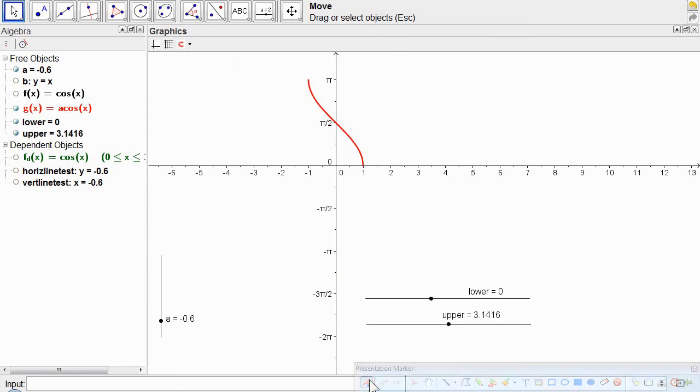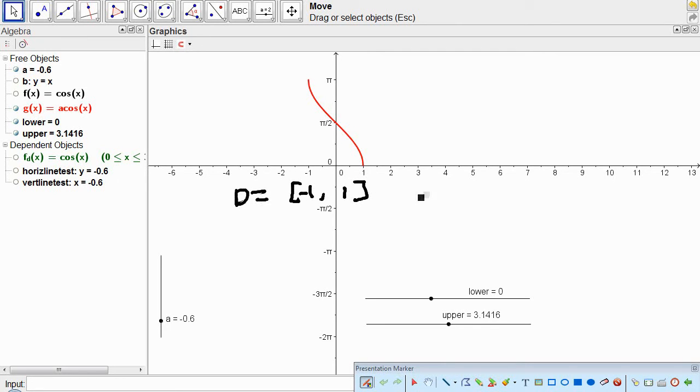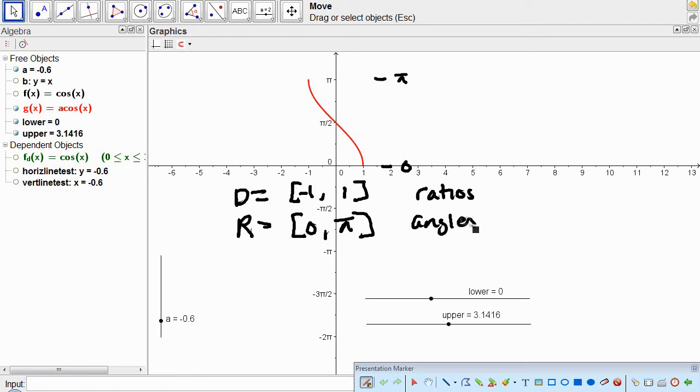When I draw this out, this negative 1 to positive 1 is also my domain of this graph, which of course are my ratios that I can put in. This height of 0 up to this height of pi represents the range of angles that I can get out. Of course, remember, that could mean 0 degrees to 180 degrees.